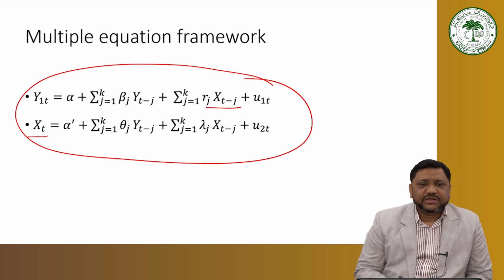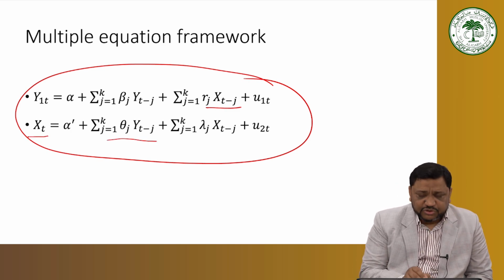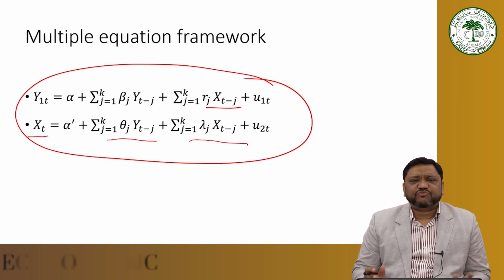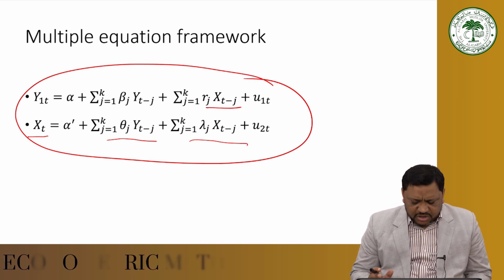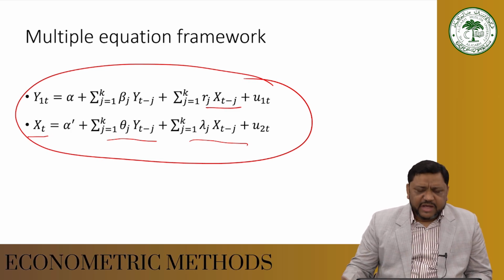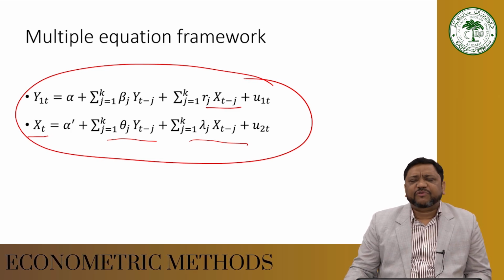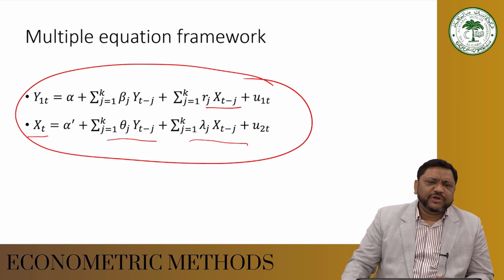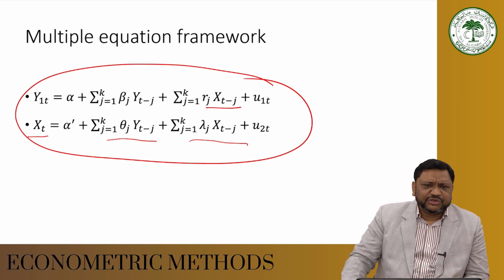Similarly, x is a function of past values of y and past values of x. This is the model which we studied while doing VAR, and it is a multiple equation framework. Now we will apply the concept of cointegration in a multiple equation framework.